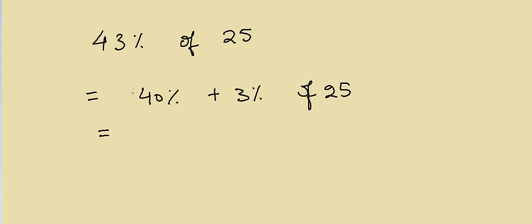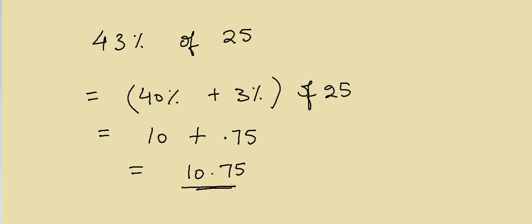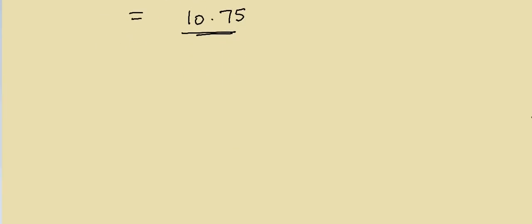So 40% of 25, that is 10, and 3%, so 3 times 25, that's 0.75. So the answer is 10.75. So that's how you work or imagine these numbers in your brain. If you practice, you should be able to do that quickly.